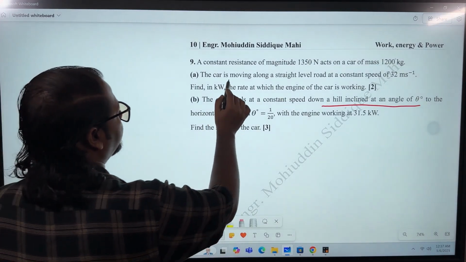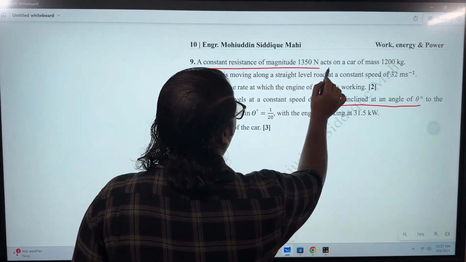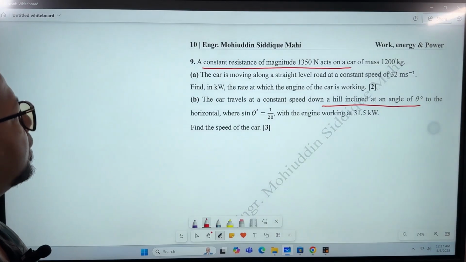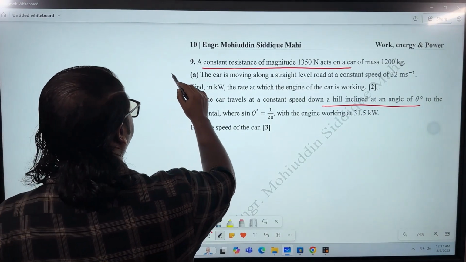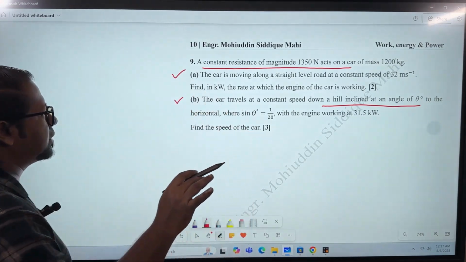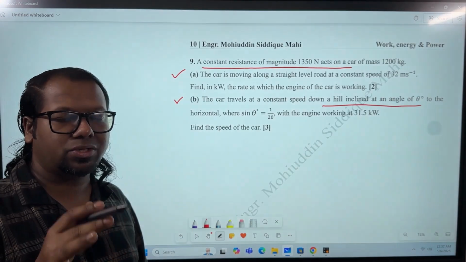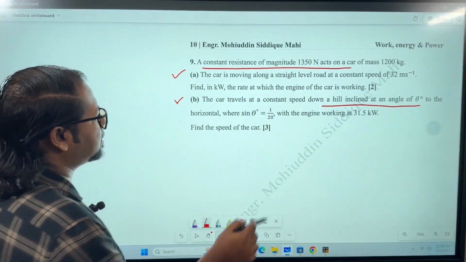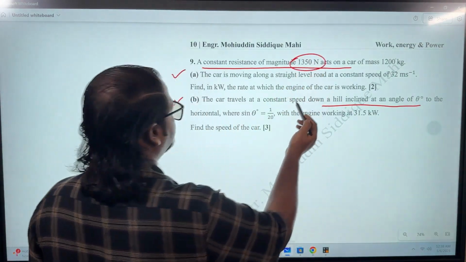Now look here, a constant resistance of magnitude 1350 Newton acts on a car of mass 1200 kg. So that means in questions A and B, there are two different conditions. In A, the car was moving on a straight road, and the resistive force, like friction and air resistance, was 1350 Newton.